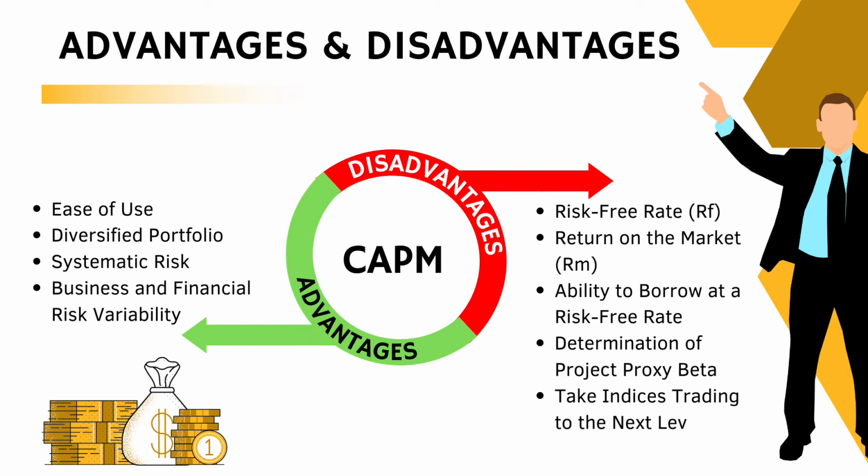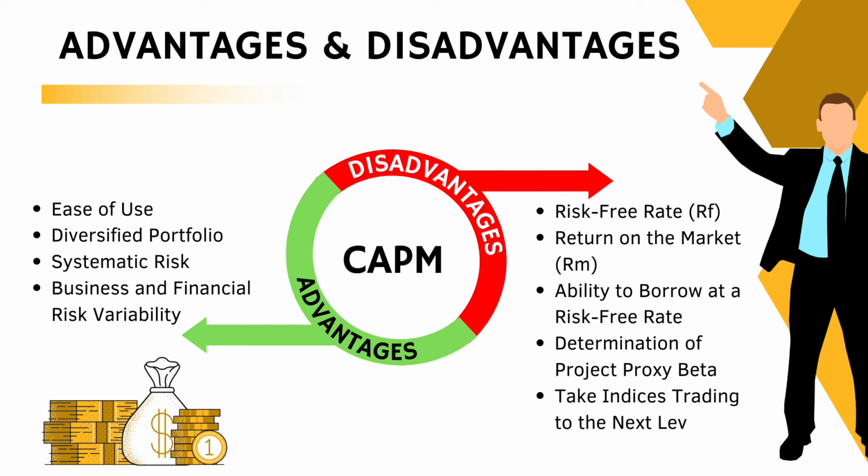The assumption that investors hold a diversified portfolio similar to the market portfolio eliminates unsystematic risk. Systematic risk: the CAPM takes into account systematic risk, which is left out of other return models such as the dividend discount model. Systematic or market risk is an important variable because it is unforeseen and for that reason often cannot be completely mitigated.